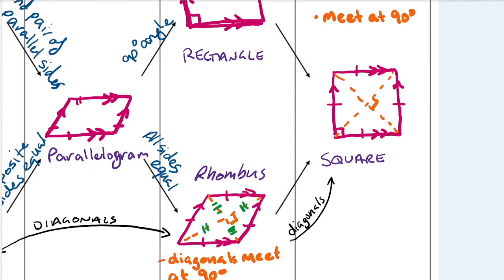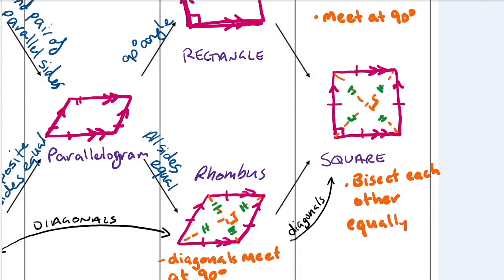So our diagonals meet at 90 degrees. And the other thing here is that these ones actually do bisect each other equally. So all 4 parts of those diagonals are the same size. So that one, that one, that one, and that one are all the same size. So these guys bisect each other equally.